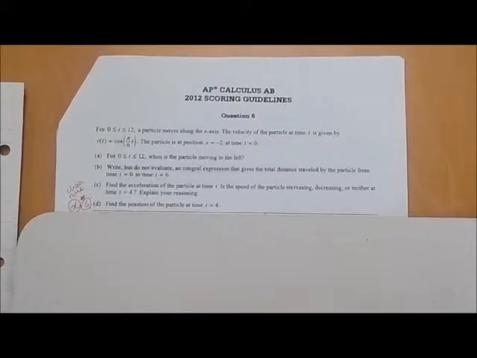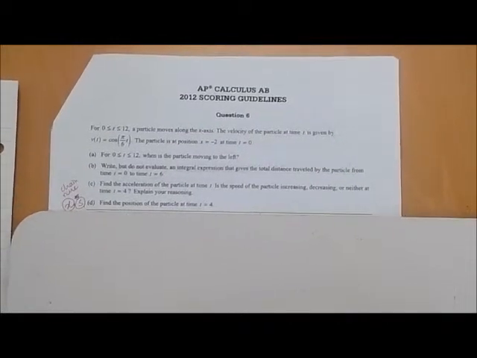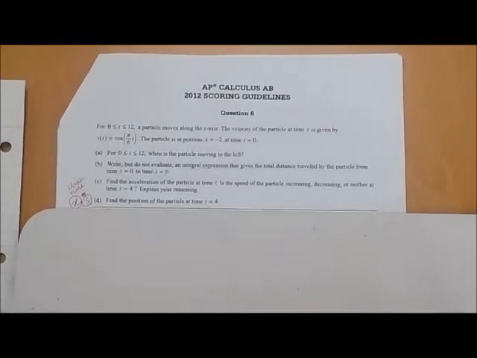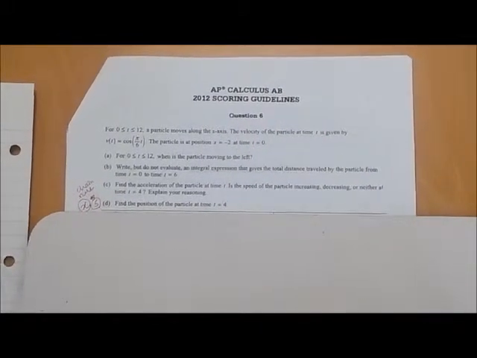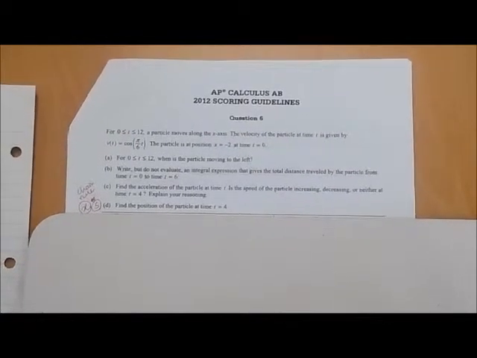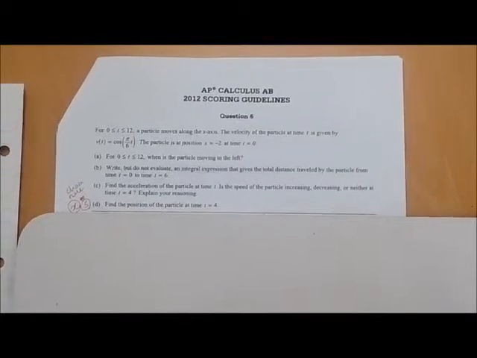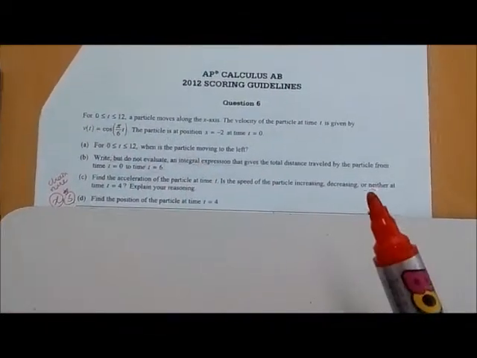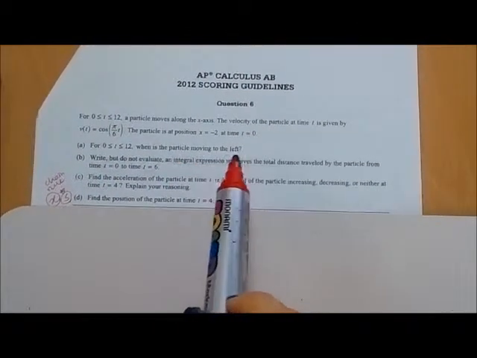Question 6 reads, for t in the closed interval 0 to 12, a particle moves along the x-axis. The velocity of the particle at time t is given by v of t equals cosine pi over 6t. The particle is at position x equals negative 2 at time t equals 0. A. For t in the closed interval 0 to 12, when is the particle moving to the left?